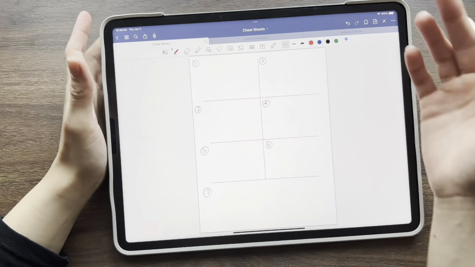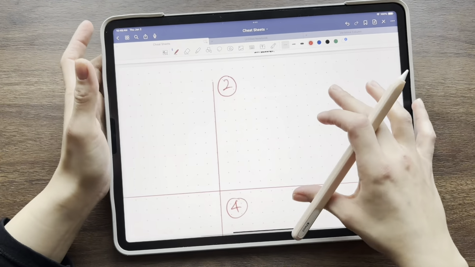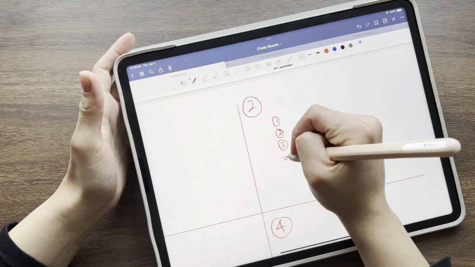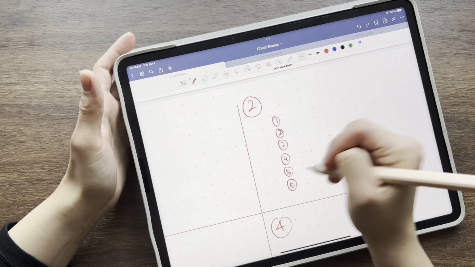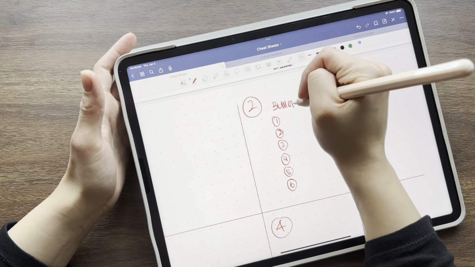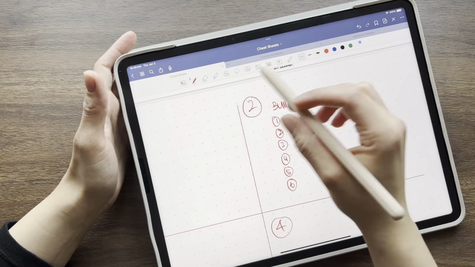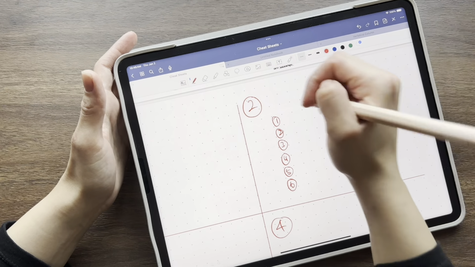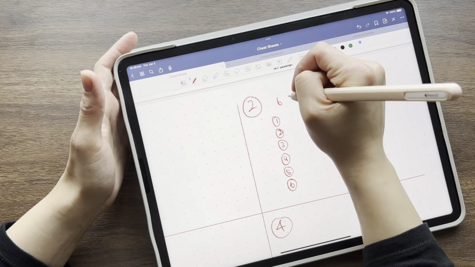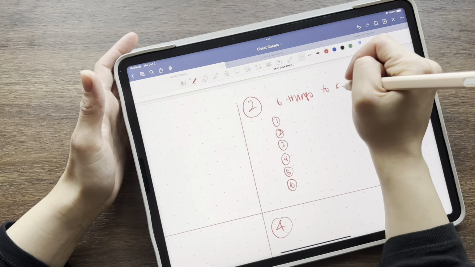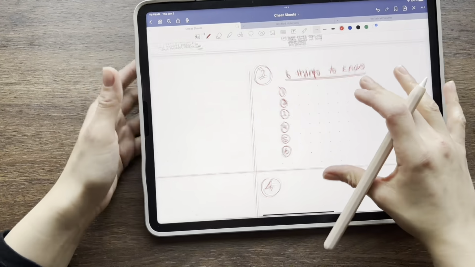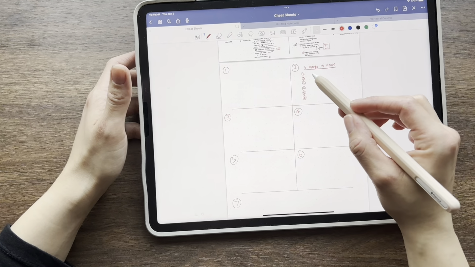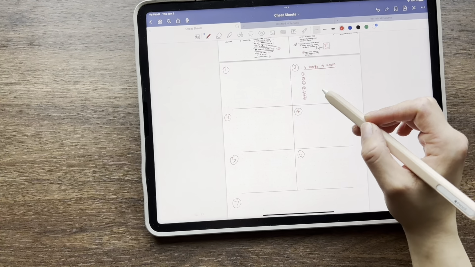So let's say section 2 had lots of paragraphs, but at the end, once you know your stuff, you notice that all the information could be organized into a bullet point list. Let's say 6 things to know. Whatever.